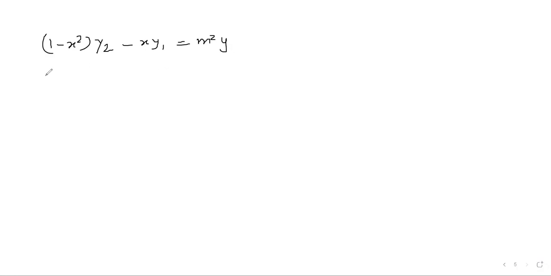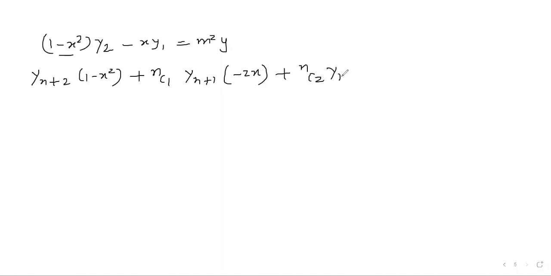Now using Leibniz theorem, this will become yn plus 2 1 minus x square plus nC1 yn plus 1 and derivative of this. So this will become minus 2x plus nC2 yn, and this will become minus 2. Now derivative of this minus yn plus 1 x minus nC1 yn into 1 equal to m square yn.